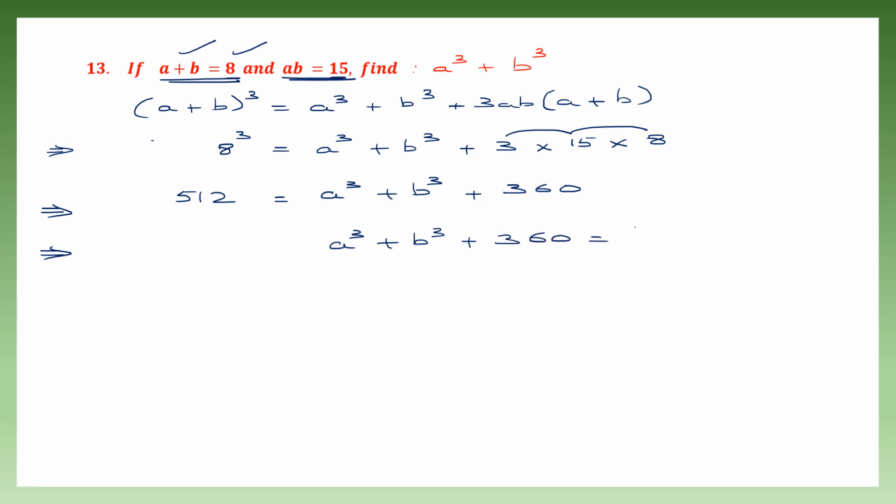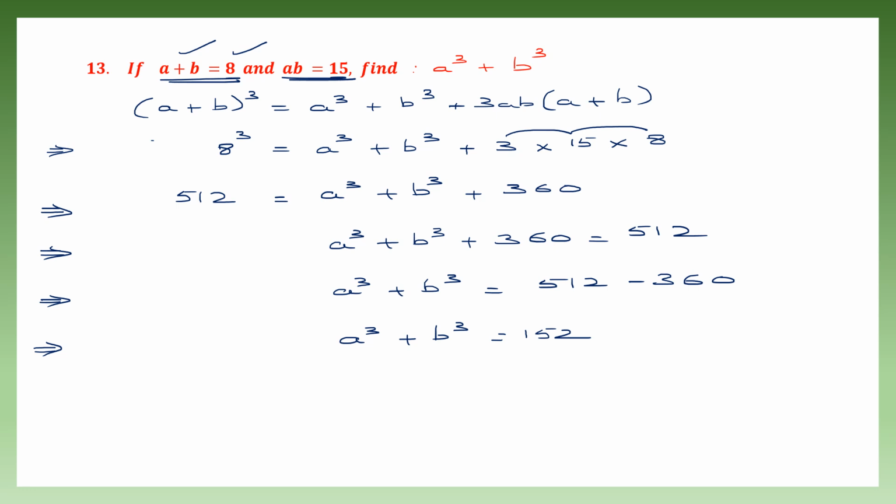This is equal to 512. Now we are going to find only the value of a cube plus b cube, and that is 512 minus 360. So we have found the value of a cube plus b cube, and that is 152. So this is our final answer.